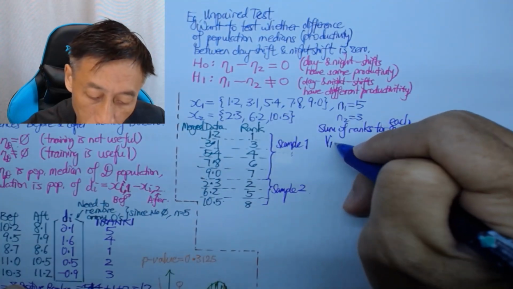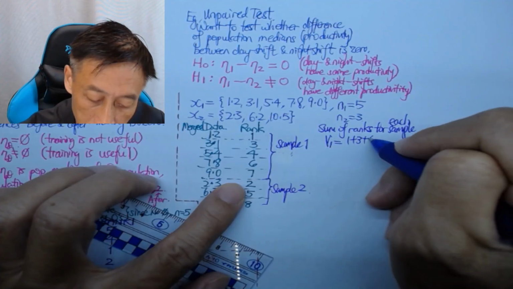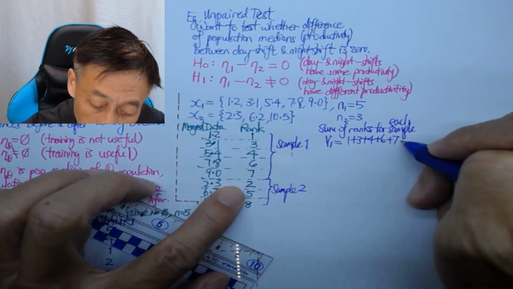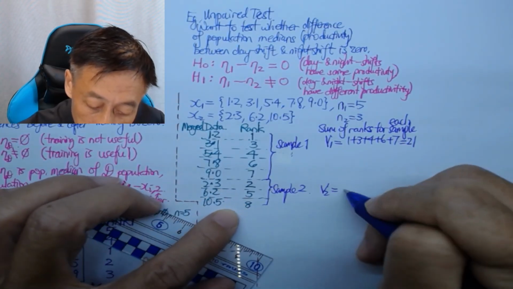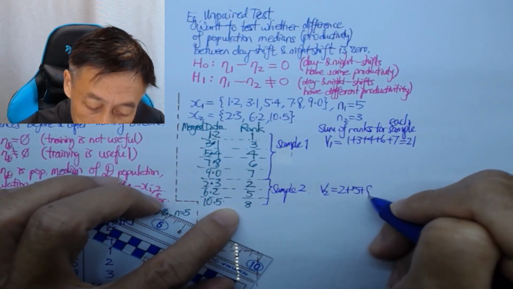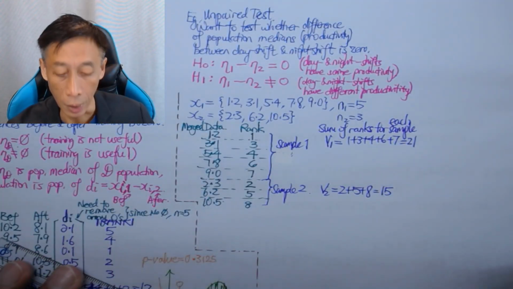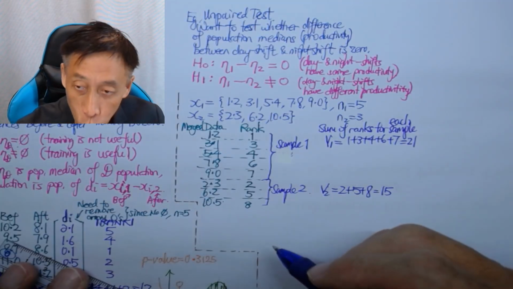So we have V1 equals 1 plus 3 plus 4 plus 6 plus 7, and you get 21. Then we have V2 equals 2 plus 5 plus 8, that's 15. So we have V1 and V2, and they are to be fed into U1 and U2.